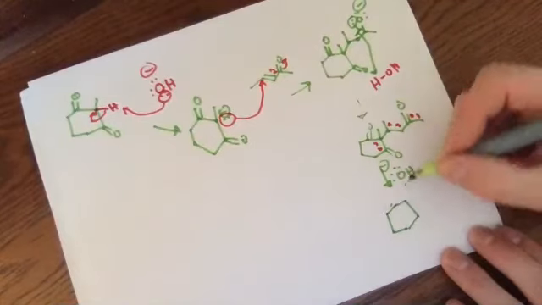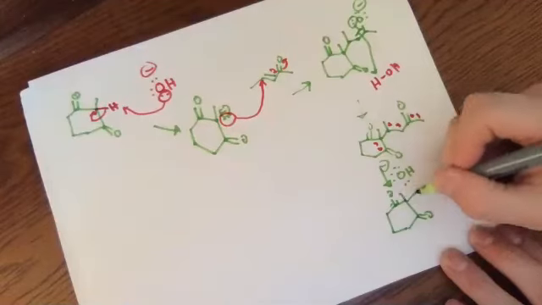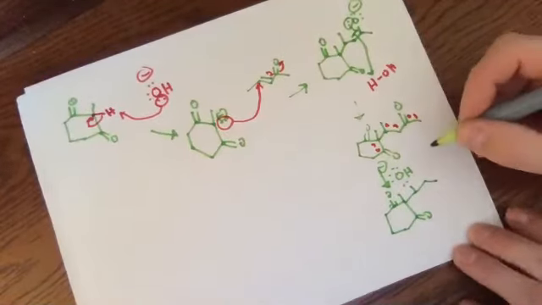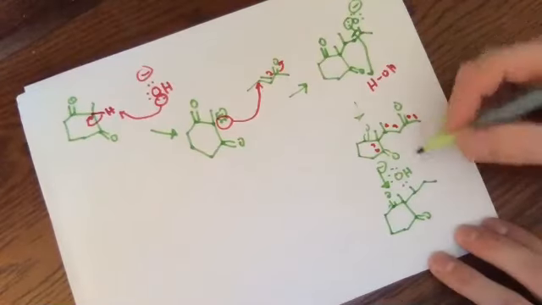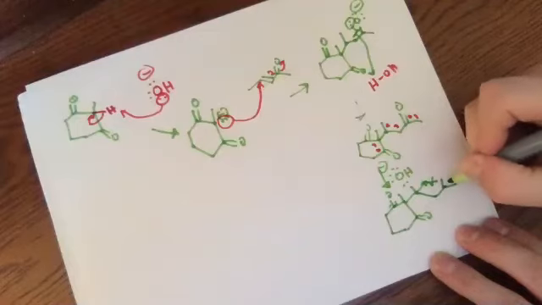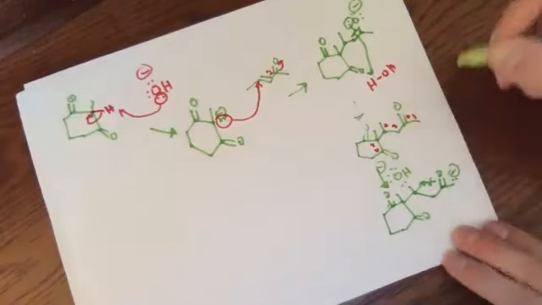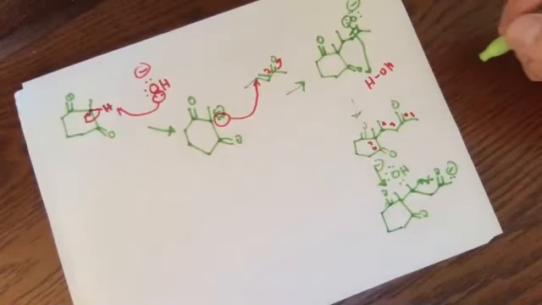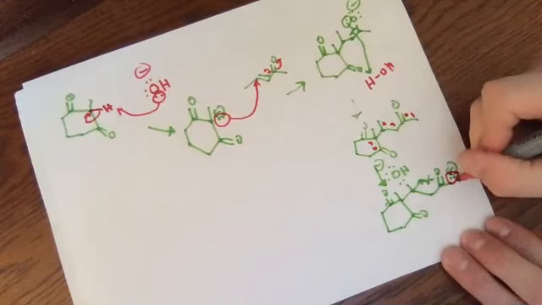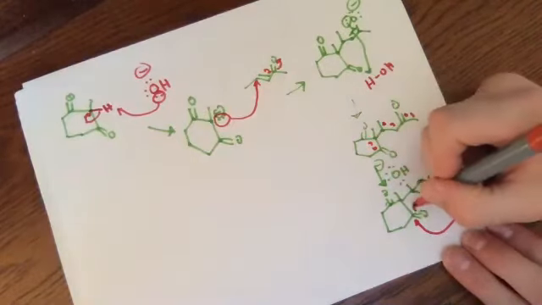We're just doing a normal aldol condensation. I'm just going to draw the O minus and then negative here. From this point, we'll do an attack on one of our 2 ketones.